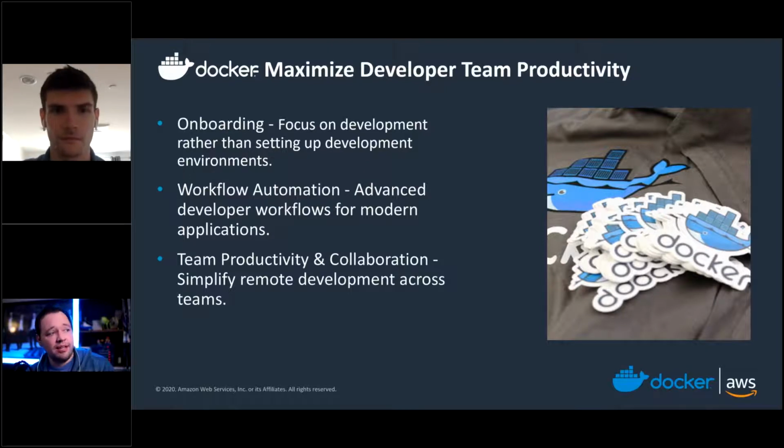How do you make that inner loop faster so that your development flow can go faster? And then how do you get a team productive and collaborating in a world where the office environment has changed? And what does that mean when teams are collaborating in a different way? And how can Docker help make that better?